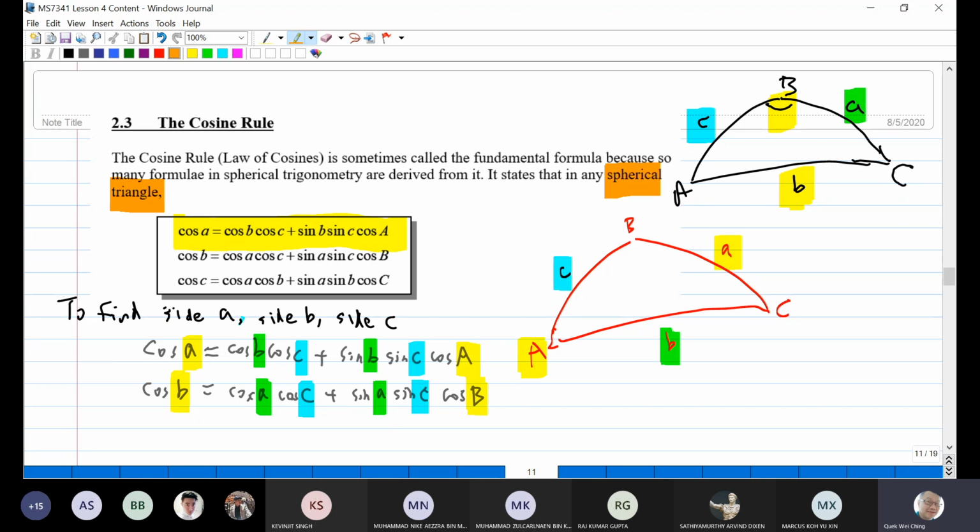This is the cosine law. Let me WhatsApp this to you. Although it is actually in the notes, I think you should know how everything is arranged here.